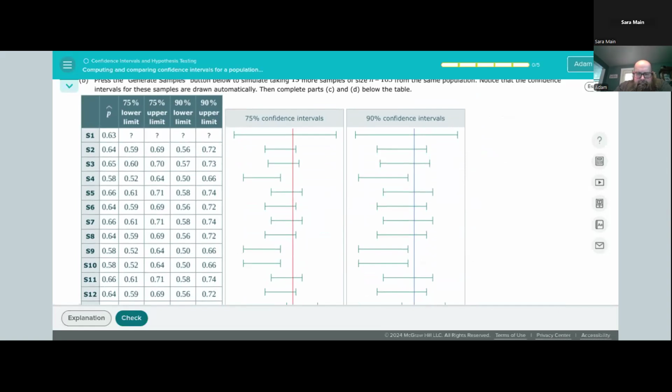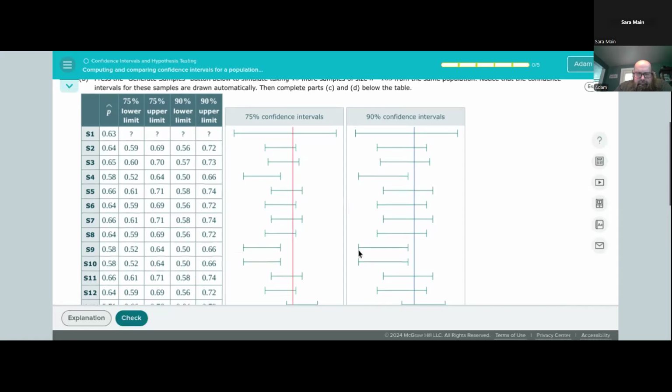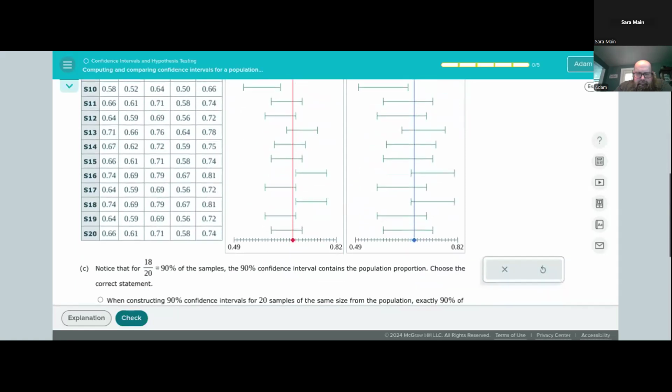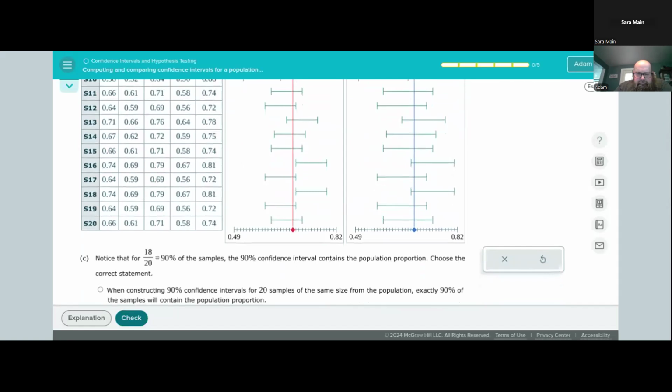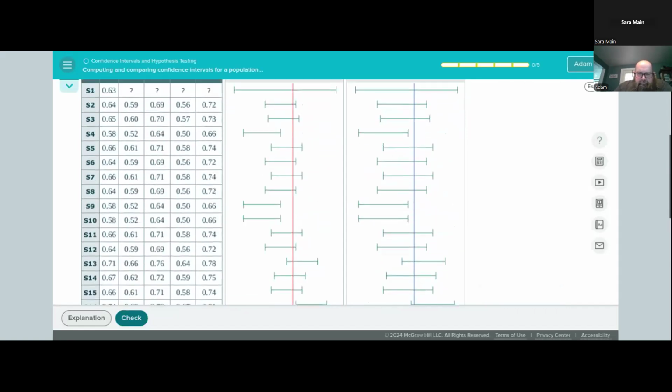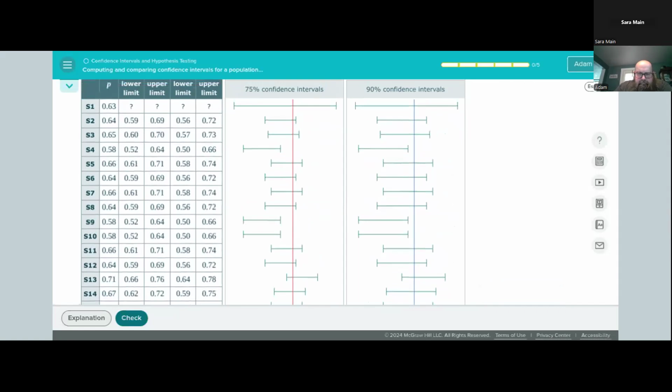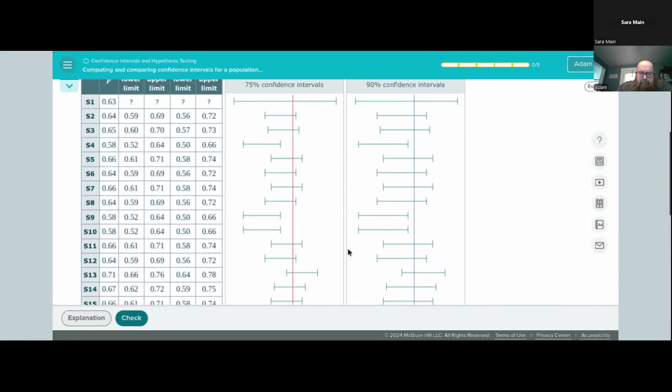If we count on the 75%, that means 25% of the 20 samples will not contain it, so either about 4 or 5, depending on the situation. There's 1, 2 I can see on the screen. Let's scroll up and see if there's more that do not contain. There's 3, 4 right together, and there's 5. So there are 5 in the 75% confidence interval column that do not contain the true population proportion, which is what we would suspect.